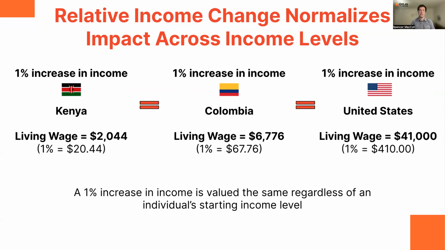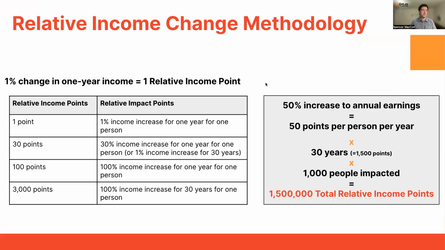But as we work in Colombia and Kenya, where average incomes might be $2,000, it really makes sense to move to more of a relative income change model, where we can say, we value improving someone's income 1% in Kenya is equal to improving someone's income 1% in the US, even though in the US that might be a $400 income increase compared to just a $20 income increase in Kenya. So this allows us to work in a variety of countries and a variety of contexts, all kind of having an apples to apples comparison.